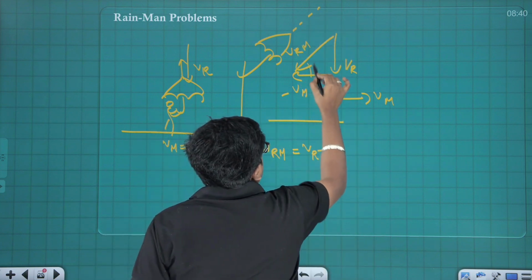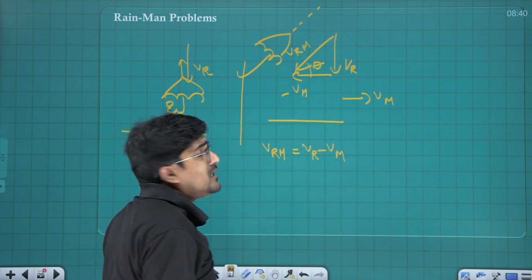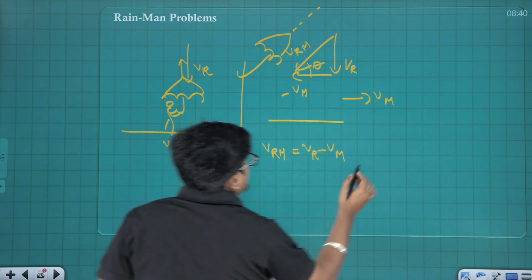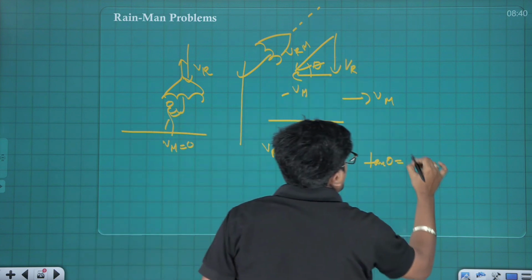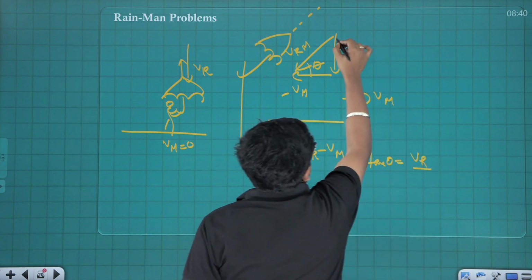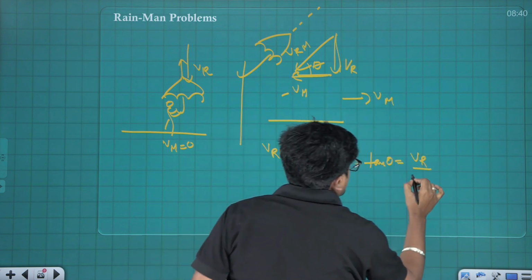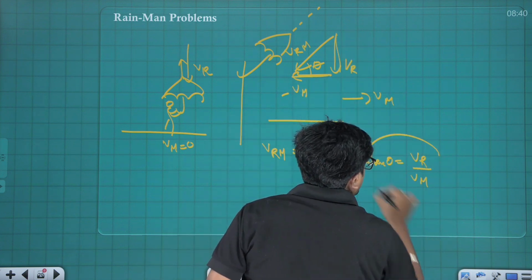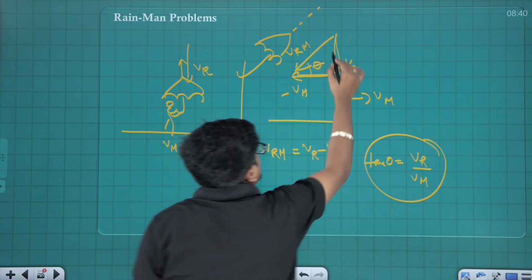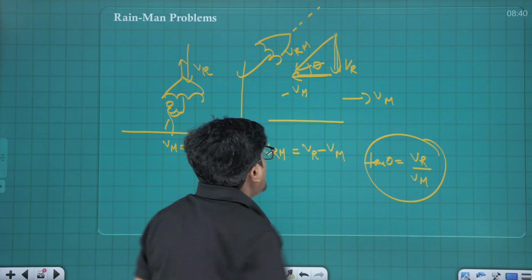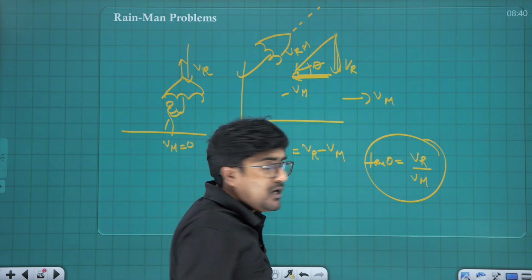Now, if this is taken as theta, then tan of theta is going to be Vr, that is perpendicular, upon base, upon Vm. We are just talking about the magnitude only because we need this theta angle. So here the perpendicular side stands for the magnitude of Vr and the base stands for the magnitude of Vm.